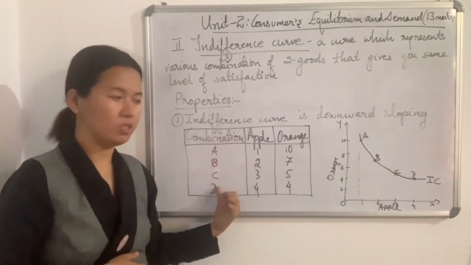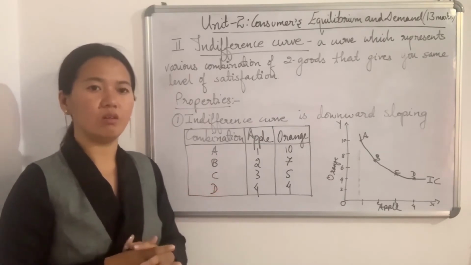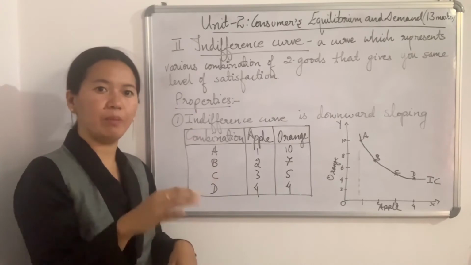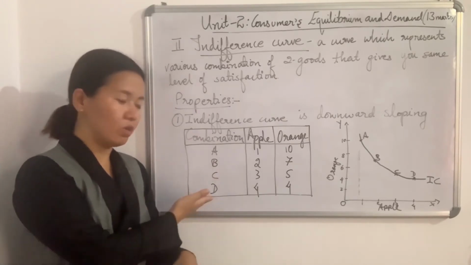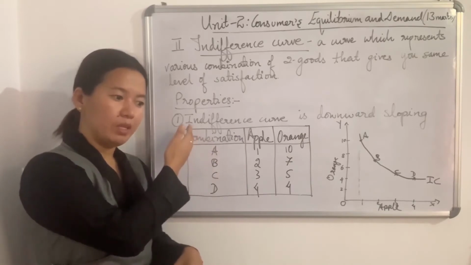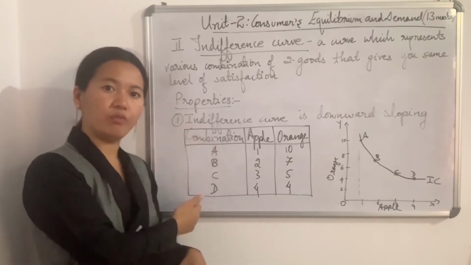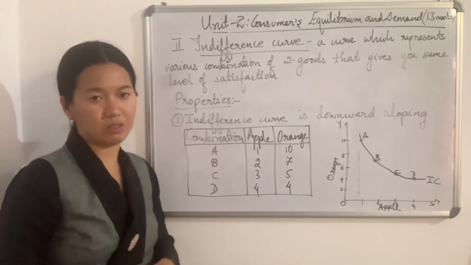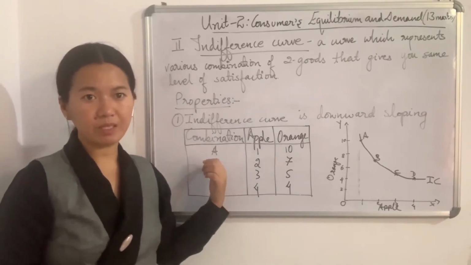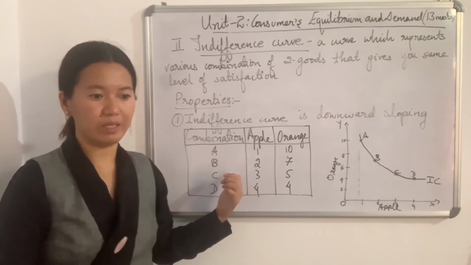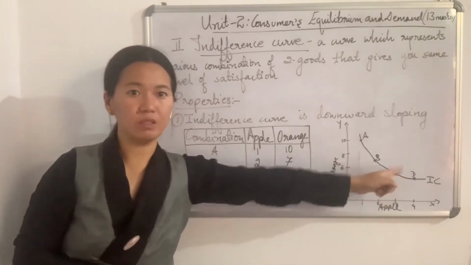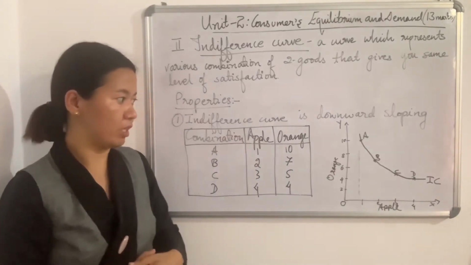These are the combinations, but there is no difference, or let's say that these combinations give you the same amount of satisfaction. Whether you consume D or whether you go for combination A, any of the combinations gives you the same level of satisfaction. There is no indifference. That is why it is called indifference curve, which means that any point on this indifference curve will give you the same level of satisfaction.